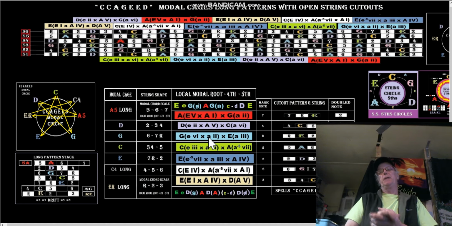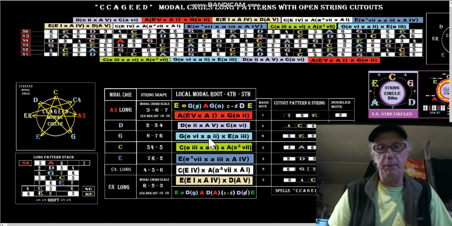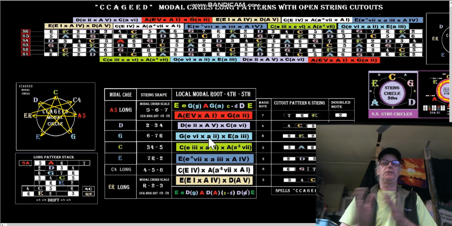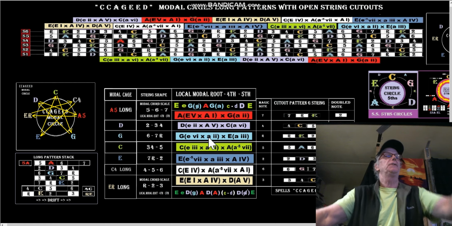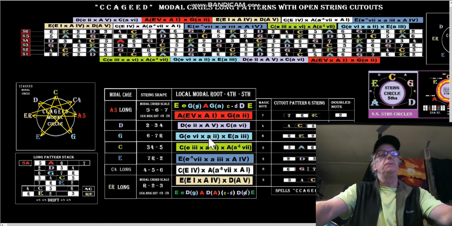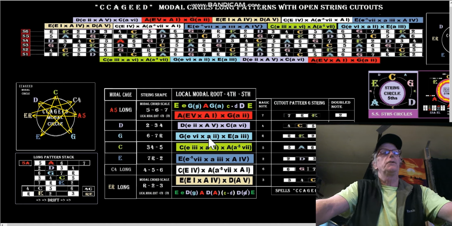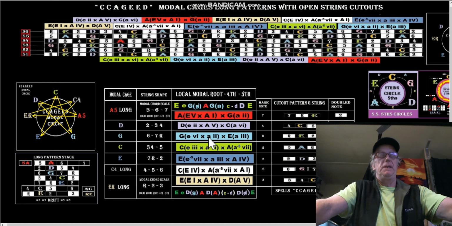This would make people like Eric Haugen very happy because he loves to get into a minor key and look at the second minor as 1. So its fourth would be a major and its fifth would be a minor. So I did that.